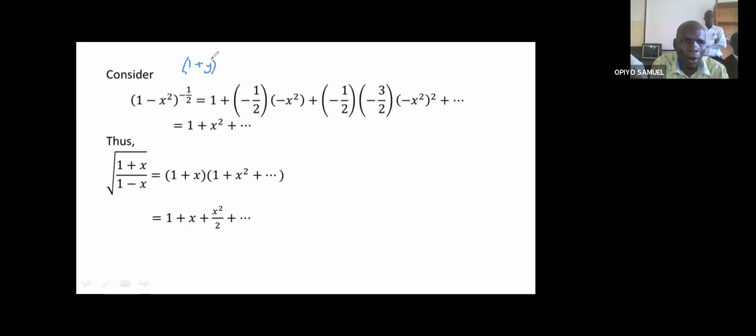When we raise this to power n, we shall get this to be equal to 1 plus n y, plus n times (n minus 1) y squared out of 2 factorial, plus other terms.